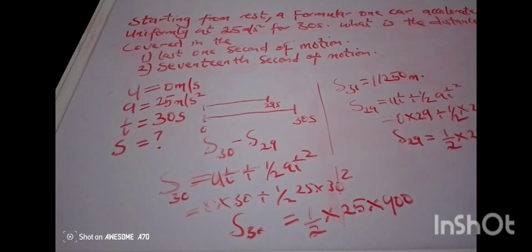And 29 squared gives us 841. So S29 is 841 multiplied by 25, the result divided by 2. Just use your calculator and solve that expression, and we have 10512.5. So let's now find our distance covered in the last 1 second.